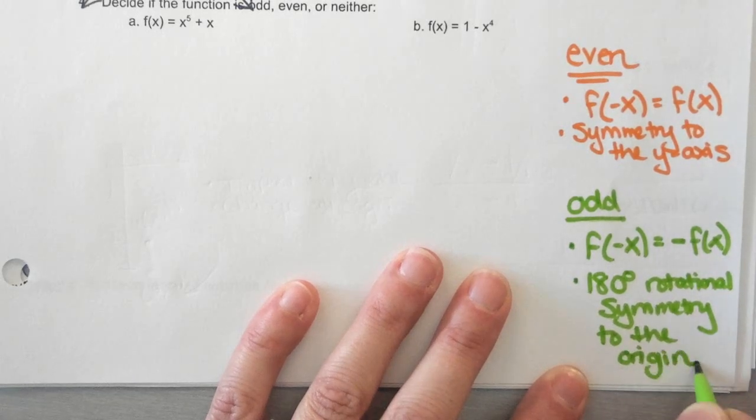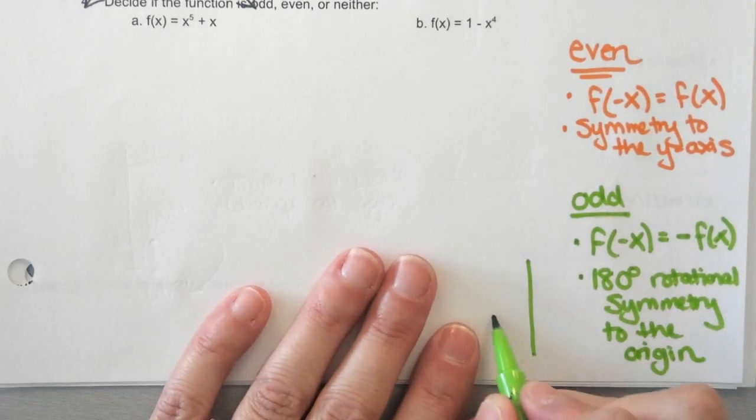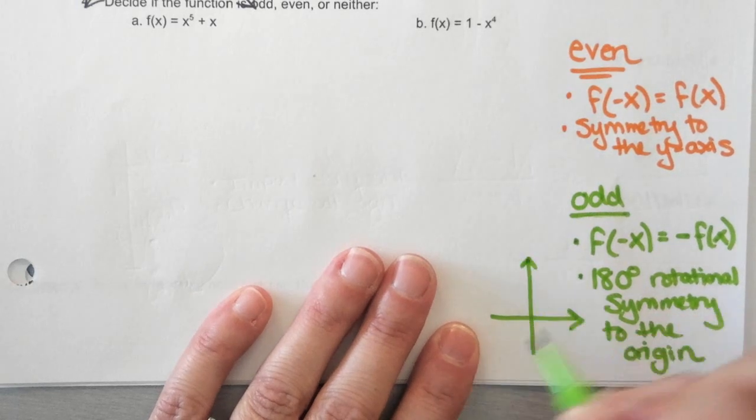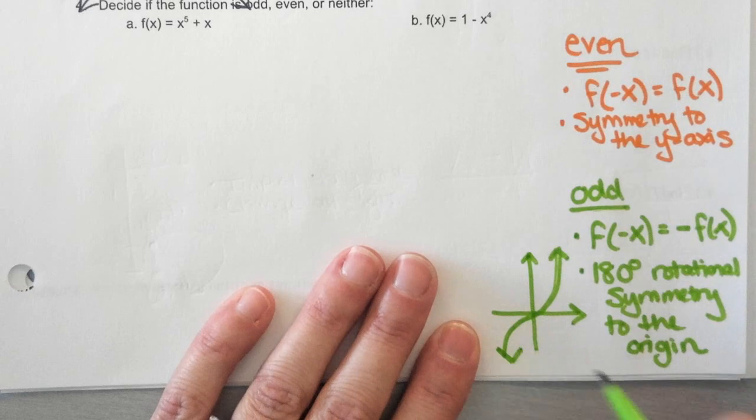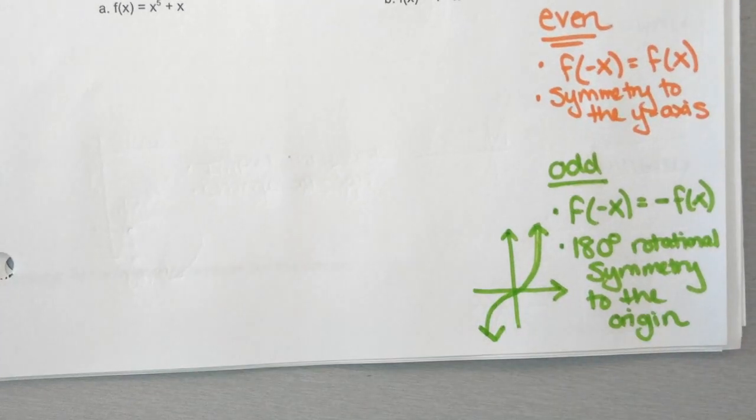Remember, the origin is just 0, 0. So a graph that's odd would be like the graph of y equals x cubed. Do you see how if I picked up this graph and rotated it 180 degrees about the origin, it'd land right back on top of itself? Or we call it mapping. It'd map back right on top of itself. That's what that looks like.